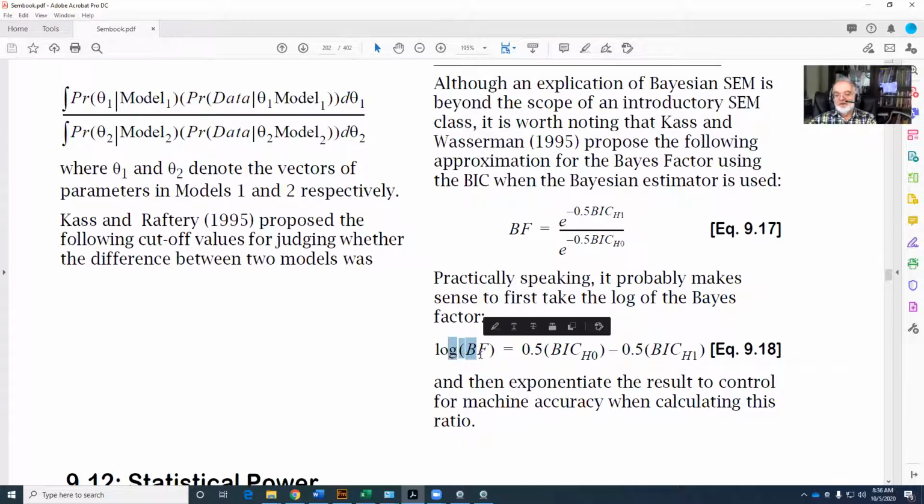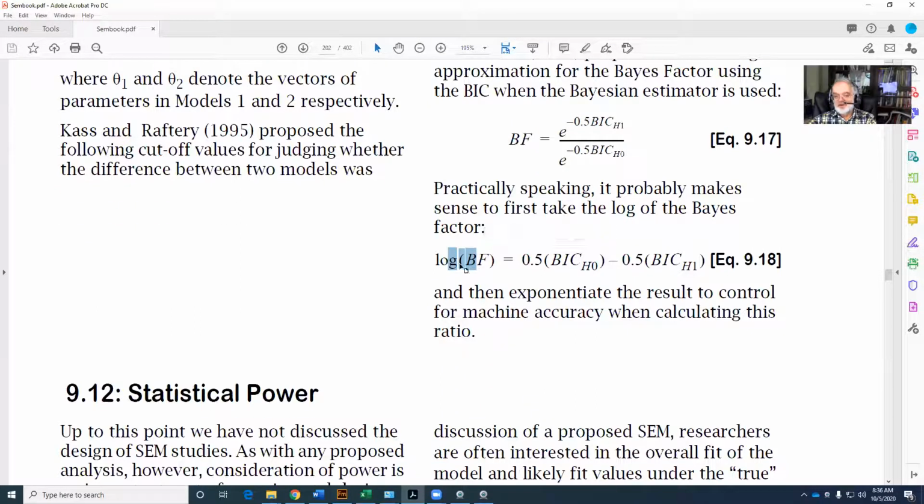Take this number and then exponentiate it. Take e to this, and that gives you the Bayes factor. Right? So that covers everything you need to know about looking at fit statistics, the most commonly used fit statistics in SEM in terms of your printout. Any questions or comments?